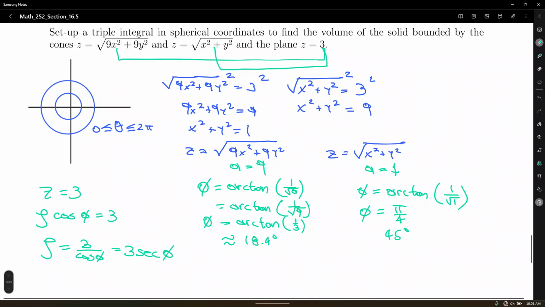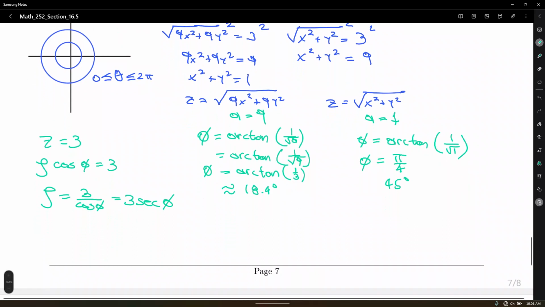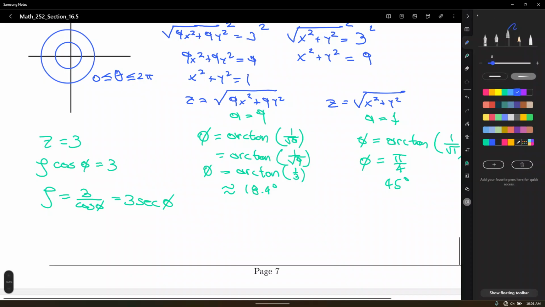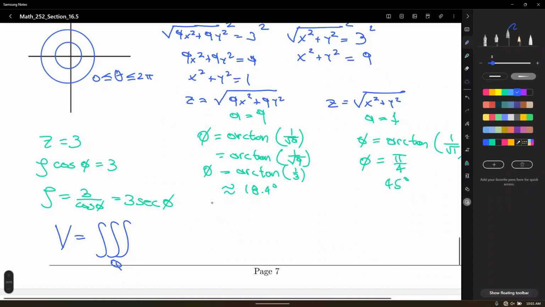secant phi. And I believe we have everything we need to set up the triple integral that calculates the volume inside between the two cones and bounded above by the plane. I don't want to say horizontal because in space it doesn't make sense. Okay, alrighty, so volume equals the triple integral over the region Q. By the way, let's write down the region of integration first.